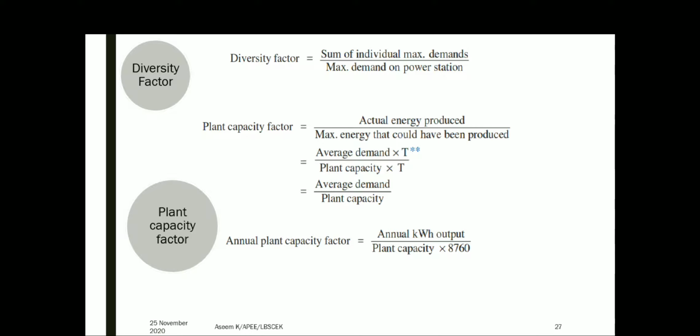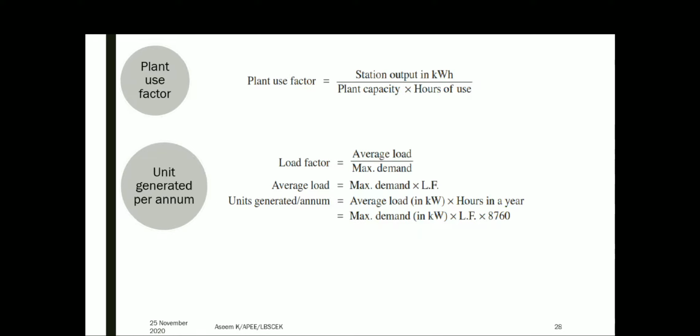Then diversity factor is the sum of the individual maximum demands to the maximum demand on the power station. Plant capacity factor is actual energy produced to the maximum energy that could have been produced, or it can be written as average demand to the plant capacity. Then annual plant capacity factor is annual kWh output divided by plant capacity into 8760. Then plant use factor is station output in kilowatt hour to the plant capacity into hours of use.